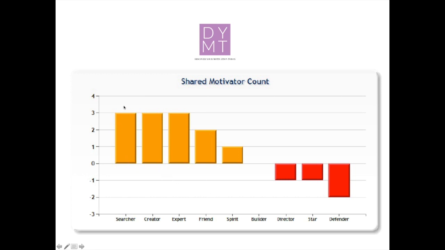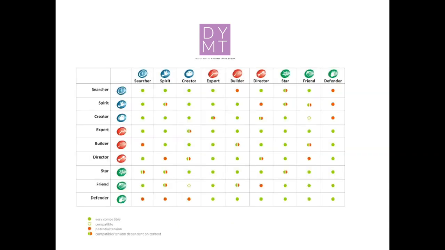So say this searcher, there's 3 of us that have searcher in the top 3. If there were more people in the team and we also had somebody here who had searcher as their lowest, then that could indicate conflict. So as a coach, it would be something to look at and ask questions around any potential conflict. But we'll see more of this later.